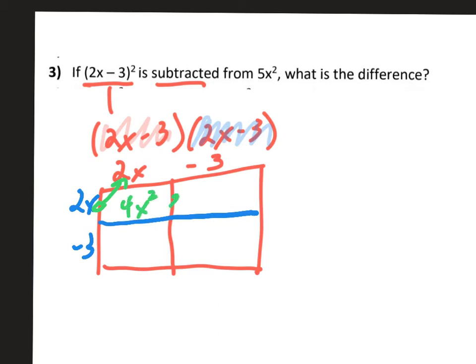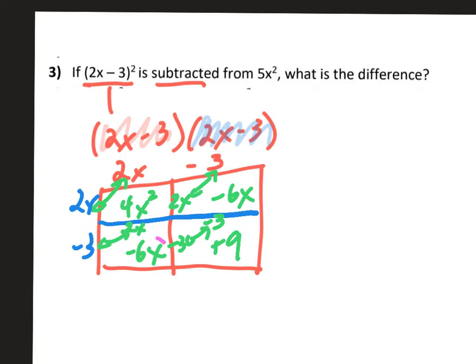This side is 2x because it's the same as the opposite side to it. So 2x times negative 3 is negative 6x. Over here, this side is 2x because that's the side opposite from it. So when I multiply these two sides together, I get negative 6x. And then this side is negative 3, this side is negative 3. Negative 3 times negative 3 is positive 9.